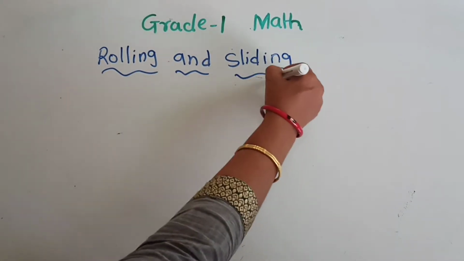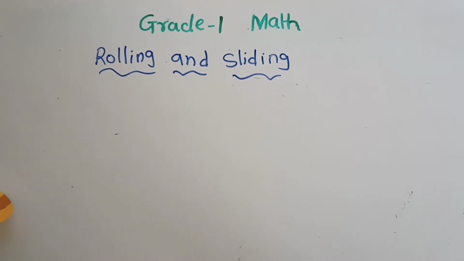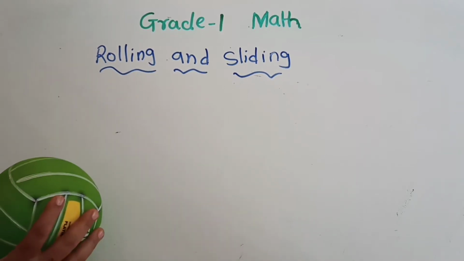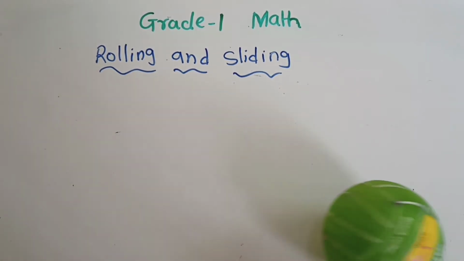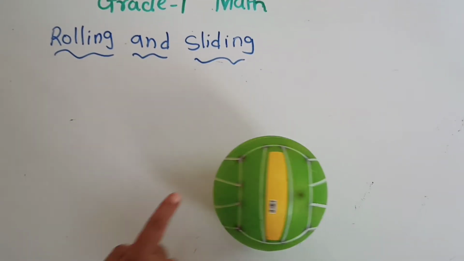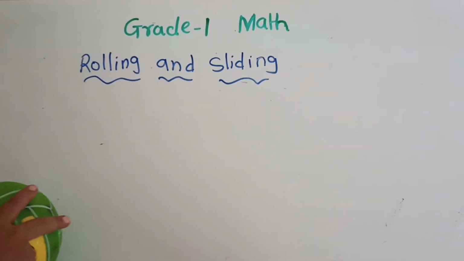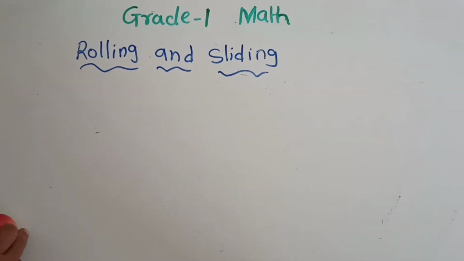Rolling and sliding. Children, see here, I have a ball. When I push it, look, it rolls. Look here, it is rolling. Now see here, I have an apple.